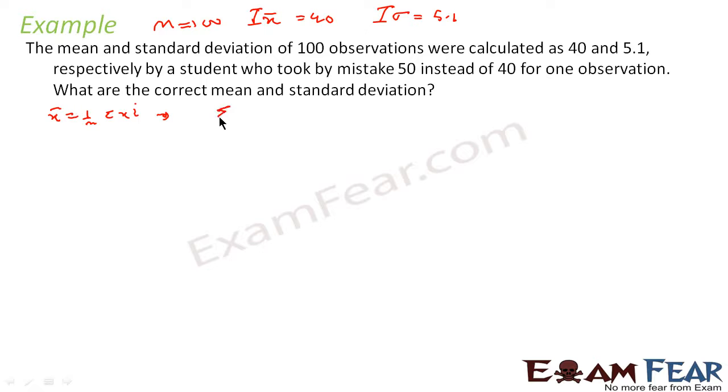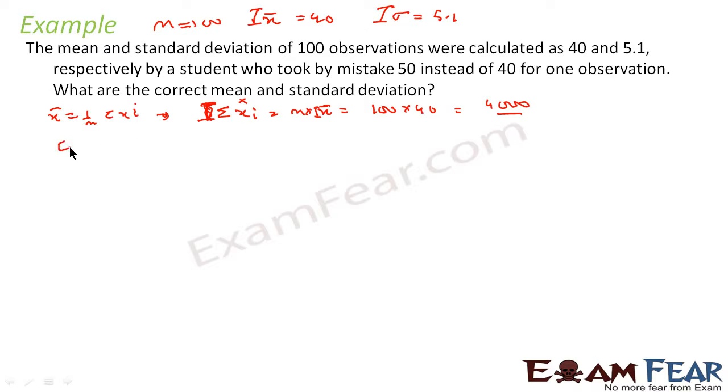So the incorrect sigma xi is nothing but n into the incorrect mean, that is 100 into 40, and that turns out to be 4000. This is the incorrect sum.